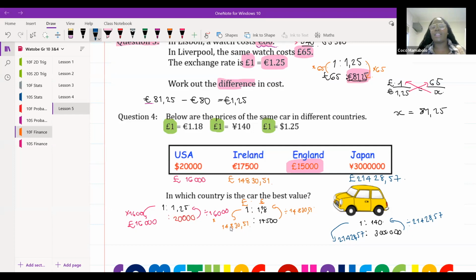So if we look at buying the same car in 4 different countries, where is it cheapest and where would you get the best value for your money? I would get the best value in Ireland because it's the cheapest out of the bunch. Ireland. Beautiful, good. Because you're paying a cheaper price for the exact same car.